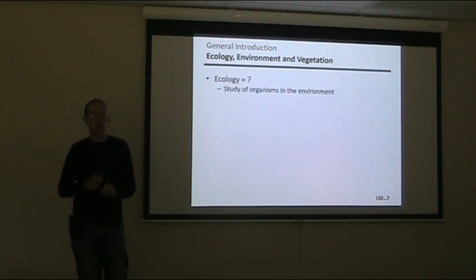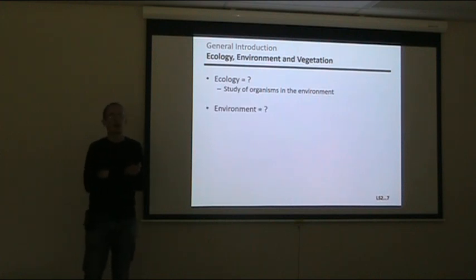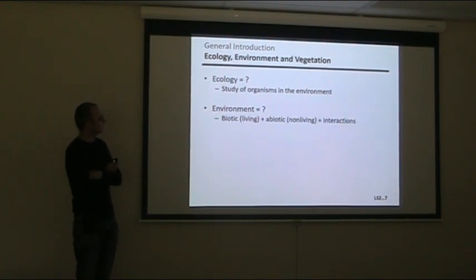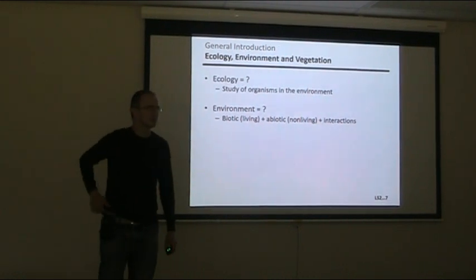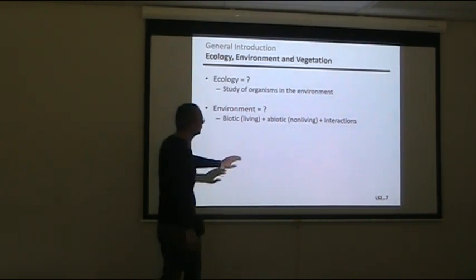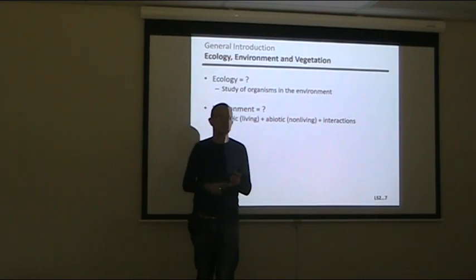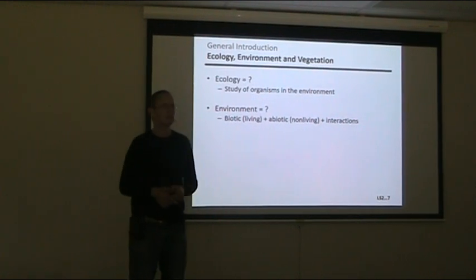So, ecology, the definition of ecology: the study of organisms in the environment. And what is the environment? Another term revealed here. Usually, when you think of the environment, one usually thinks of the abiotic: soil, temperature, light, nutrients, water, those kinds of things.